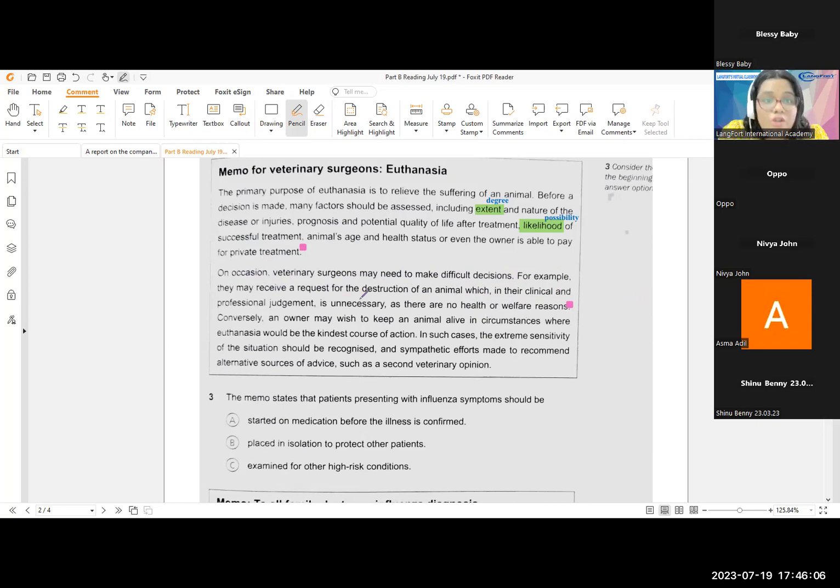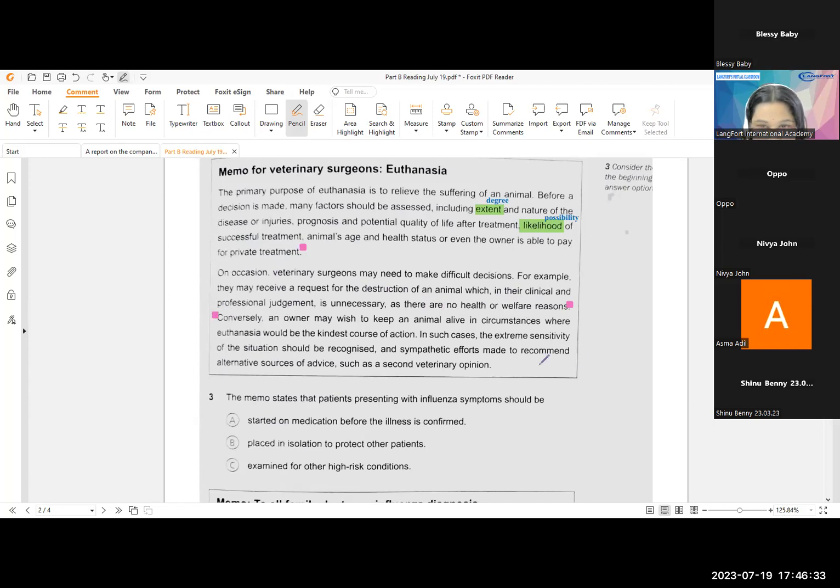So even though it's not needed, the surgeons may be asked to do euthanasia or destroy the animal. And as there are no health or welfare reasons, there is no problem with the animal's health or welfare, even then, at times, they will receive a request to destroy that animal. That means carry out euthanasia. So they are talking about how at times the veterinary surgeon needs to make difficult decisions.